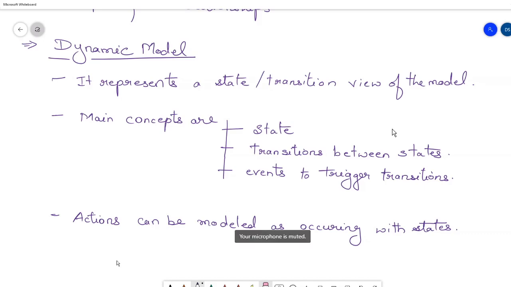First it was not glowing, then it started glowing. Then when the power is turned off, it stopped glowing. So how the states are changing. First it was off, and when it was off, there was no activity, no action. When the action was performed, the state got changed. Transition of the state took place. So that would be done in the dynamic model. Now the next is the functional model.